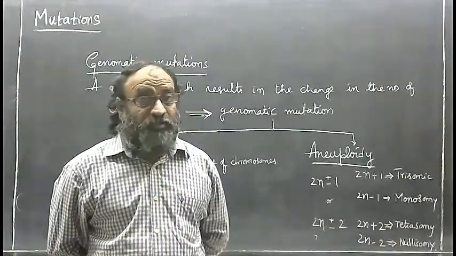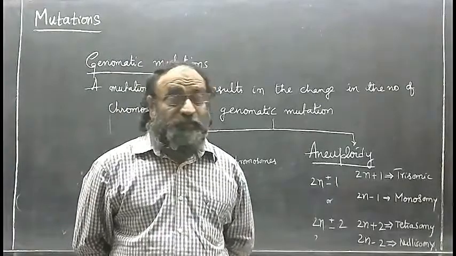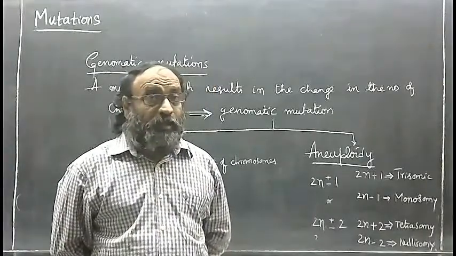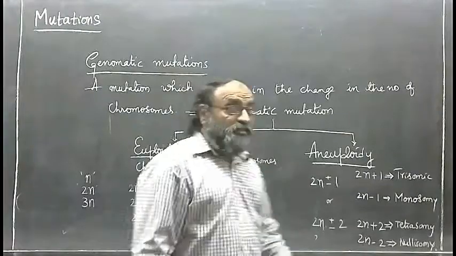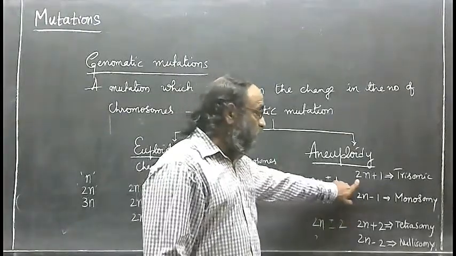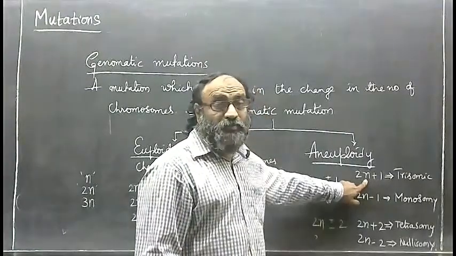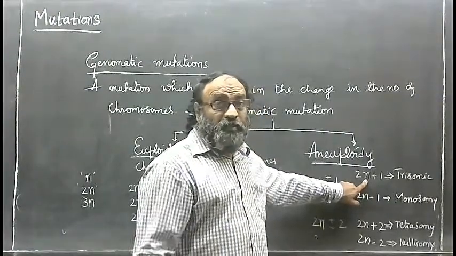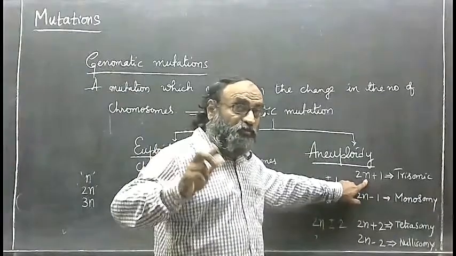That means a Klinefelter's syndrome person has 47 chromosomes. Usually the diploid number, 2n number of chromosomes in a human being is 46. He has one extra X chromosome.